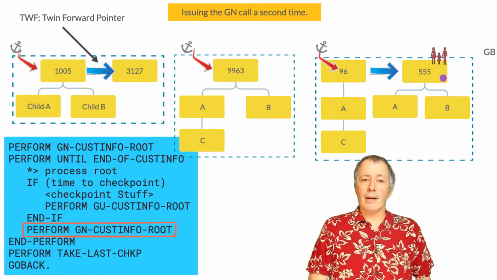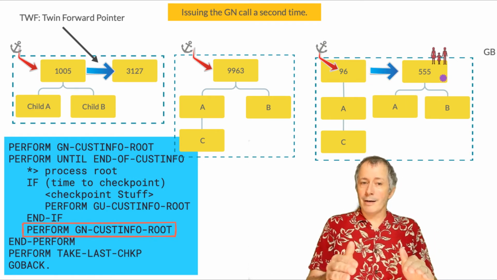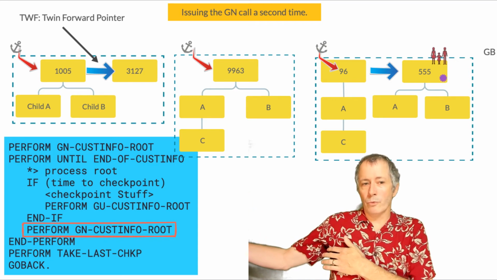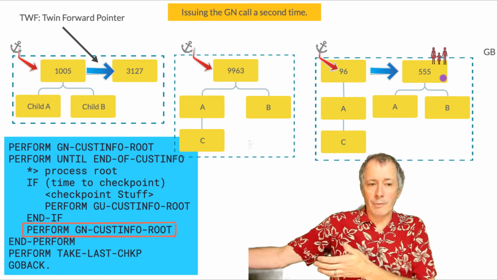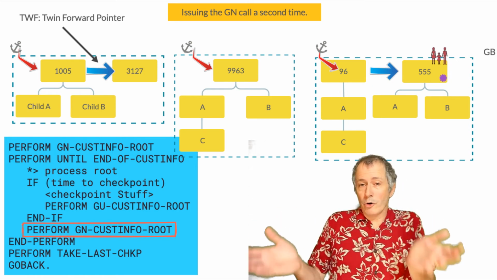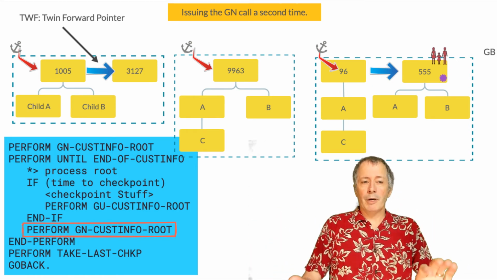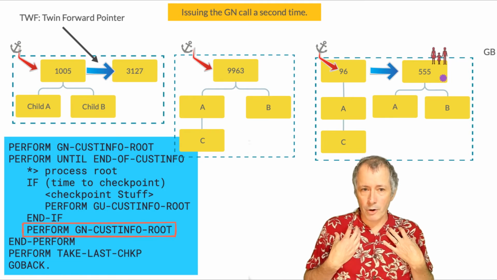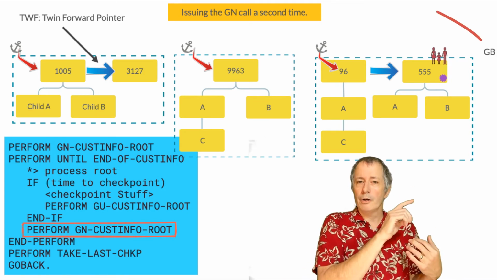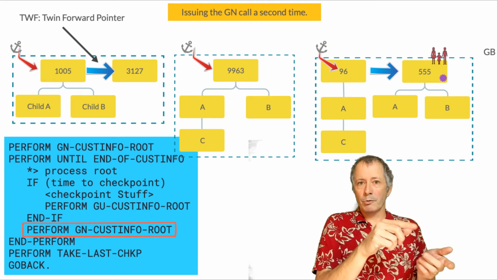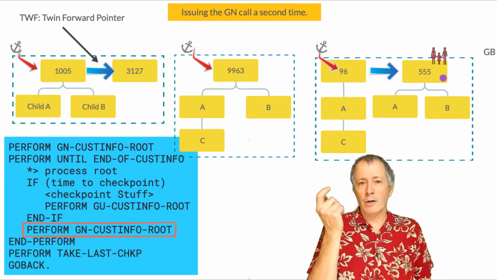When the get next is issued again, IMS will scan until it reaches the last root addressable CI in the database. And so there are no more roots in the database, so IMS does not return any data to the program, but it does update the status code in the PCB, program communication block, with a status code of GB.